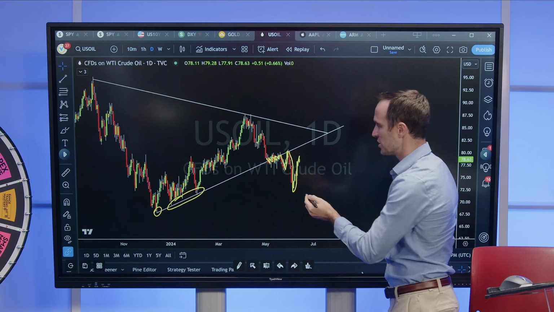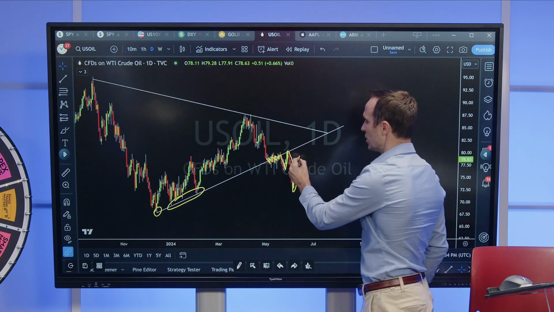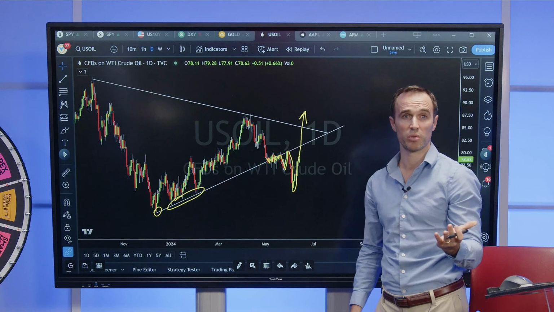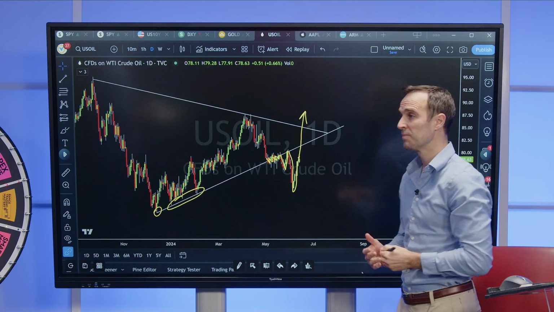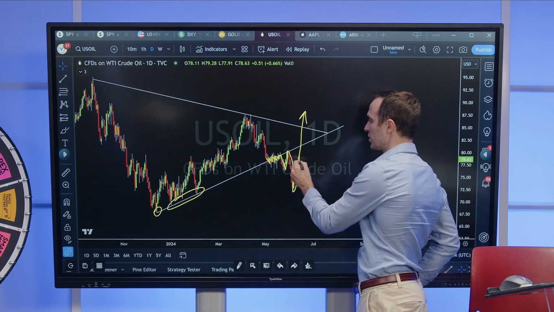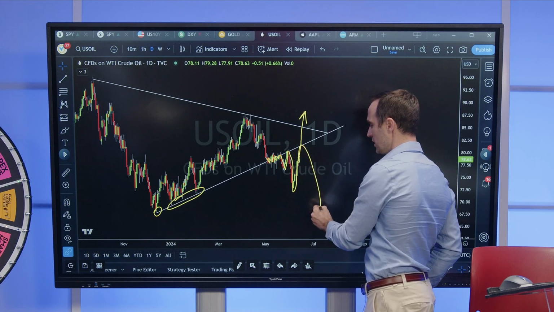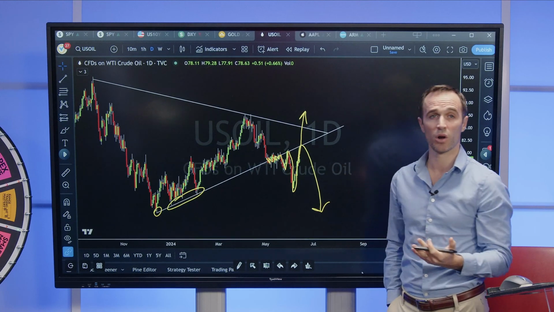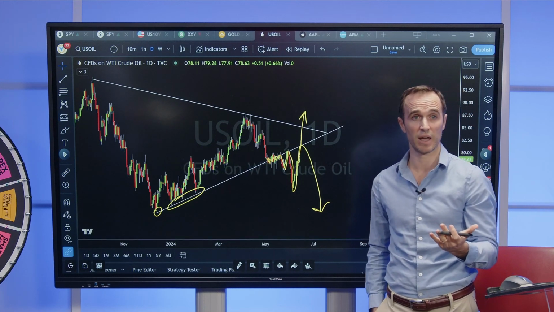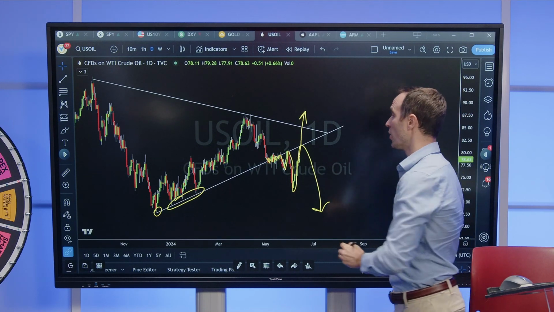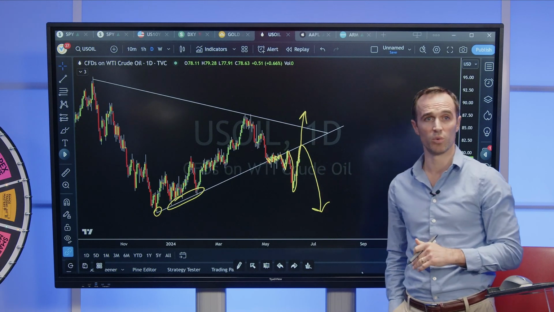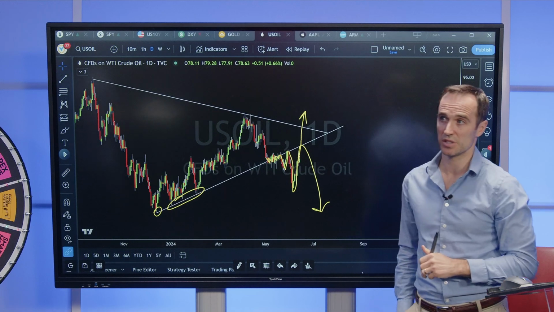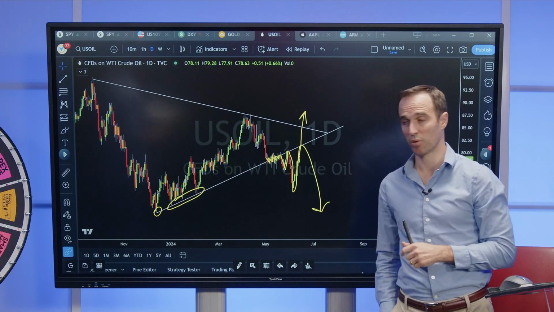So the question is, do oil prices continue to go up, maybe with potential new problems in the Middle East, not sure, or continued problems, or does it come up here, hit this trend line, and roll over? Obviously, rolling over and going lower would help tame inflation, and going higher would worsen inflation. So yeah, I think energy is important to look at. It's an important point of inflation.